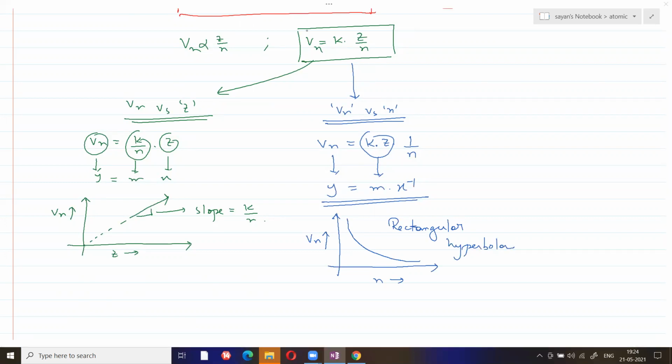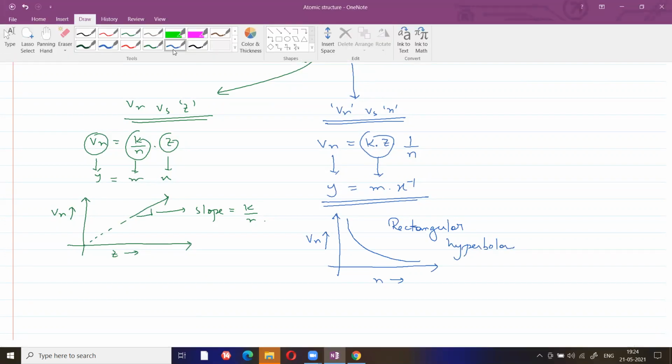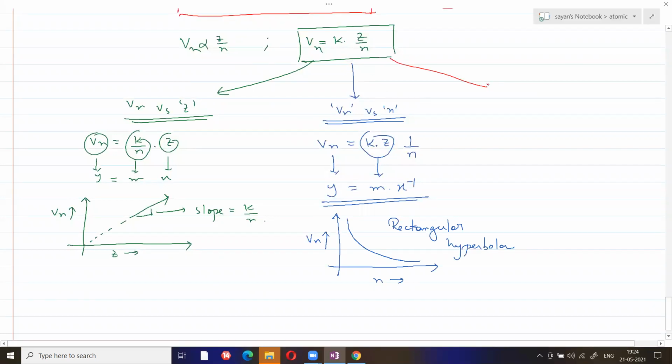Okay, in this case, third one, graph vn versus 1 by n. Then again just go through the formula. Vn equals to kz into 1 by n. Now this one I am taking m, this one I am taking y.